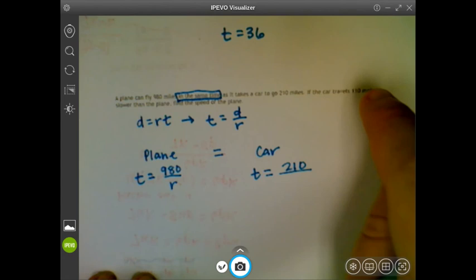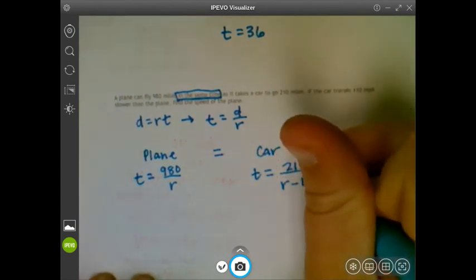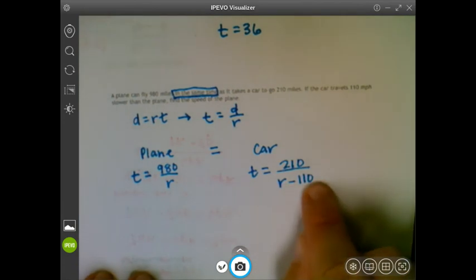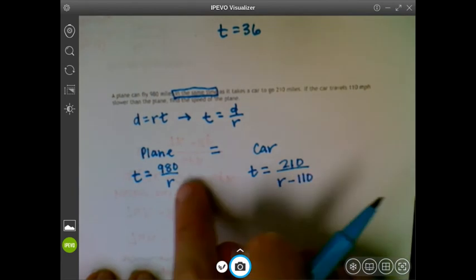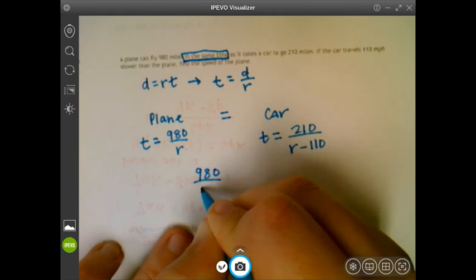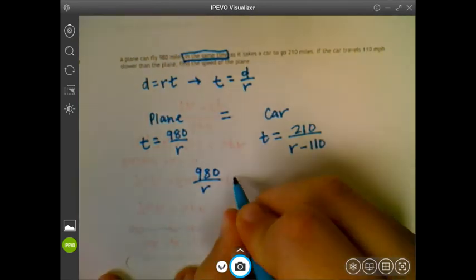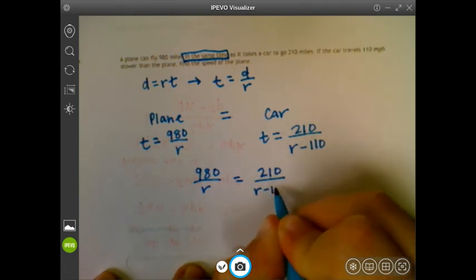But it travels slower, so it's going to be the same rate as the plane, but it's 110 miles per hour slower. So R minus 110. And because it's happening in the same amount of time, I can set these two equations equal to each other. So 980 over R equals 210 over R minus 110.